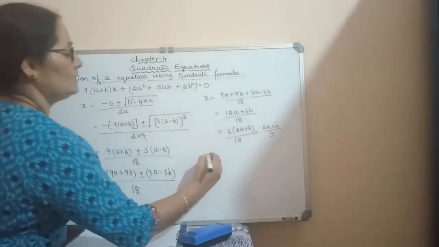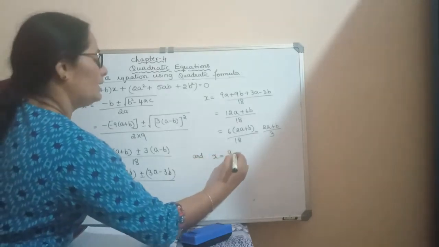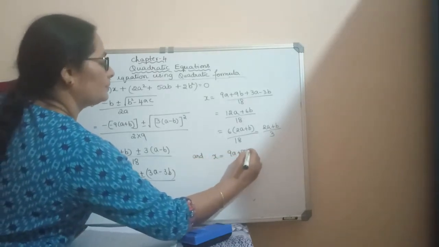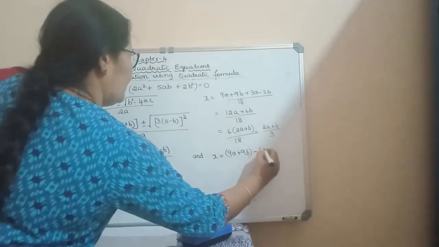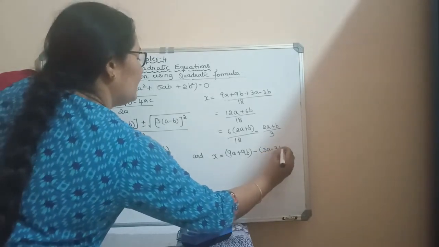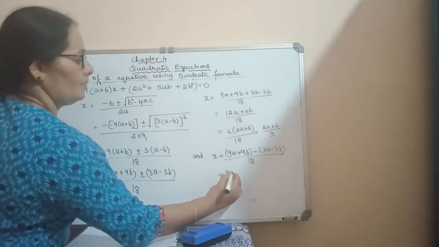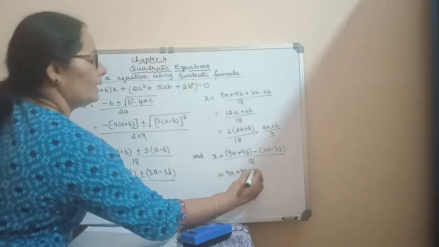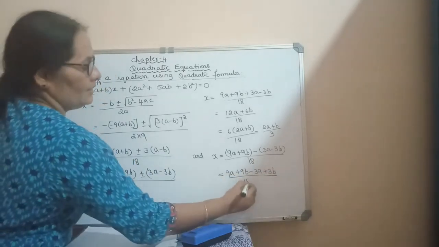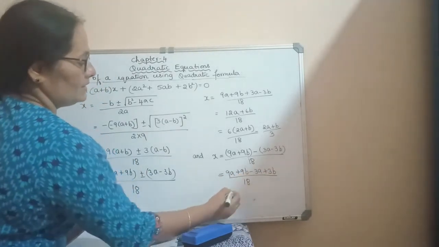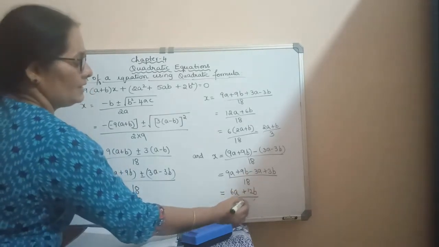The other one is x equals to 9a plus 9b minus 3a minus 3b divided by 18. So which is 9a plus 9b minus 3a plus 3b by 18. So which is 6a plus 12b by 18.